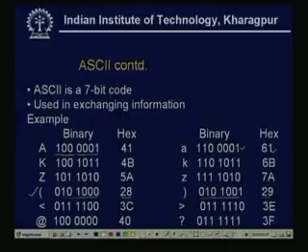Now, if it is an operator, say less than or greater than, then it also has some ASCII code. These are the ASCII codes of less than or greater than. Say, the at sign is this 7-bit code and the hex code is 40. Similarly, the ASCII code of the question mark is 3F.